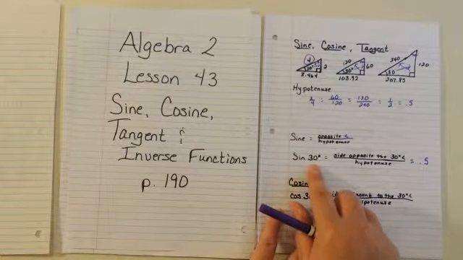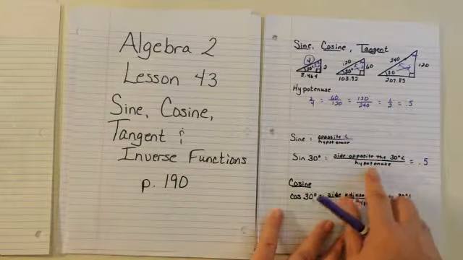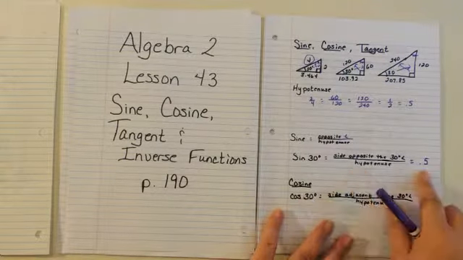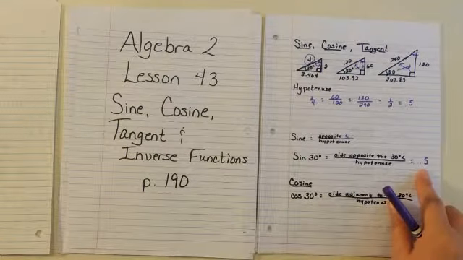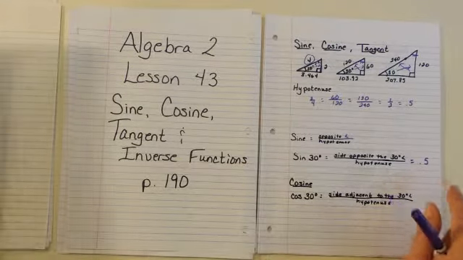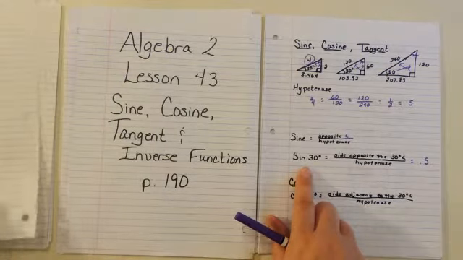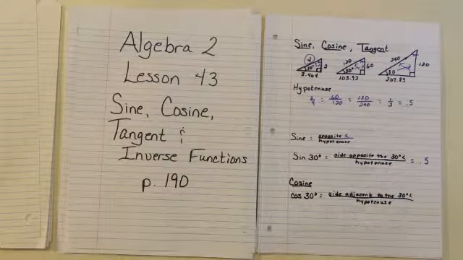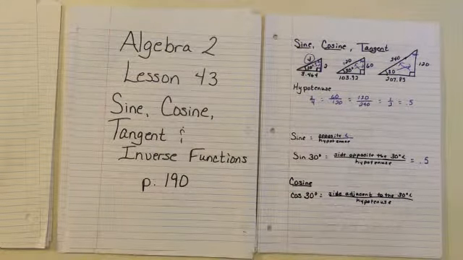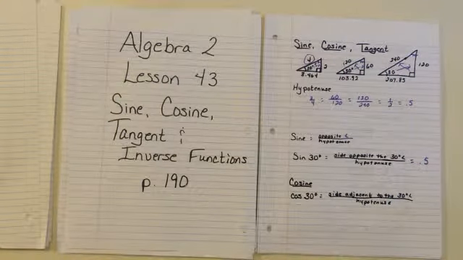So the sine of 30 degrees equals the side opposite the 30-degree angle over the hypotenuse, which equals 0.5, or 1/2. This is going to be true of any right triangle that contains a 30-degree angle. The sine of the 30-degree angle is always going to be 0.5. The ratio of the opposite side over the hypotenuse is always going to be 0.5, or 1/2.